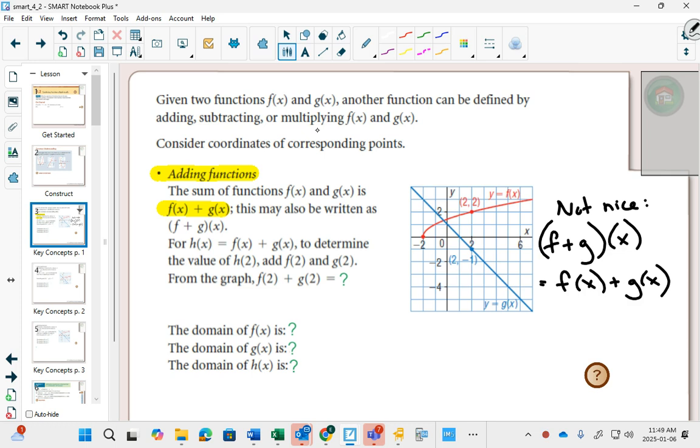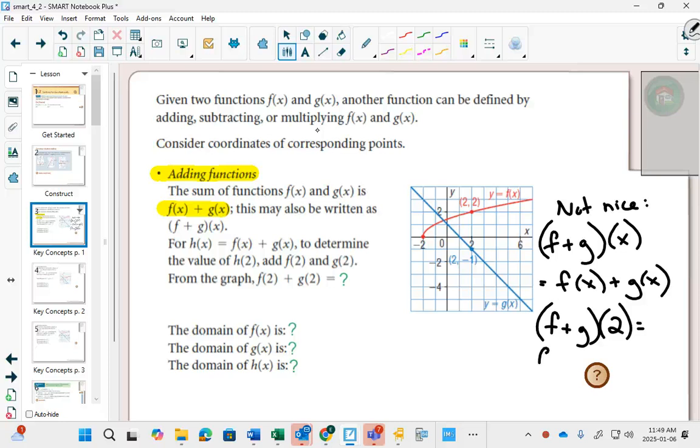But you could be asked questions like, what is f plus g of 2 on your exam? And it seems like they always, just to see if we taught you, choose to do the not nice notation.